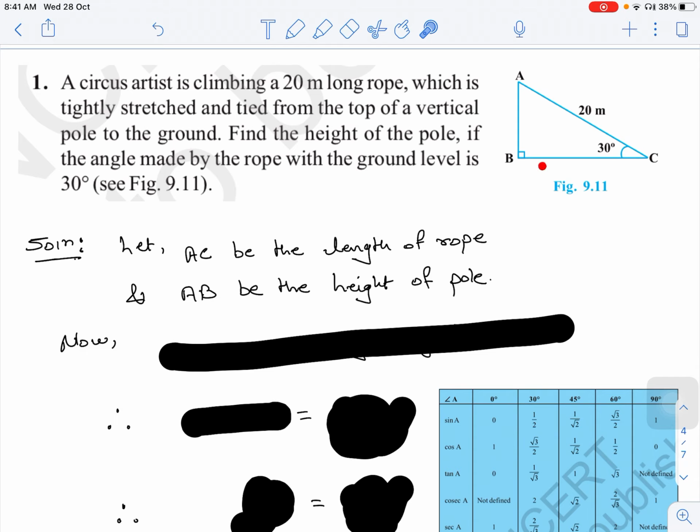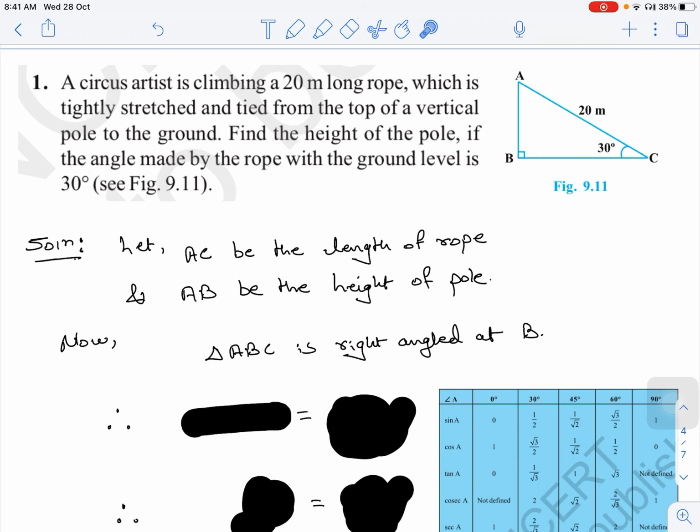Then triangle ABC becomes a right angle triangle, right angled at point B. The side opposite to B, that is AC, will become the hypotenuse. Now we can make use of trigonometric ratios.